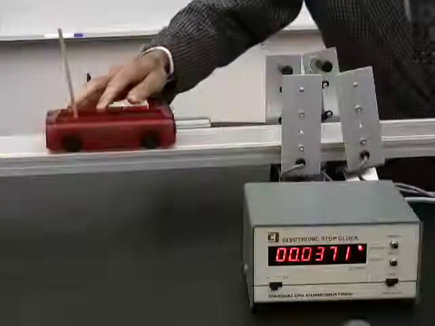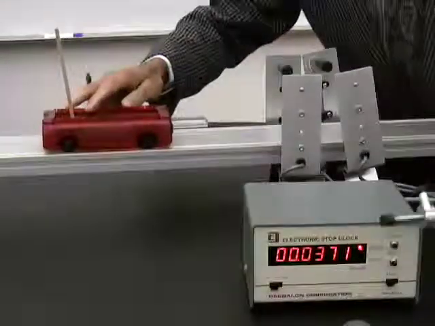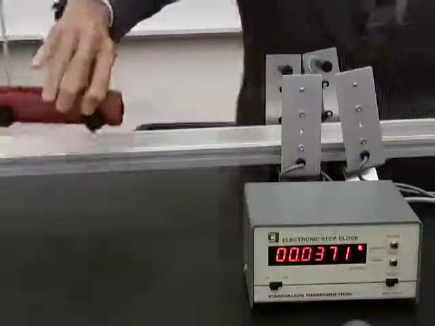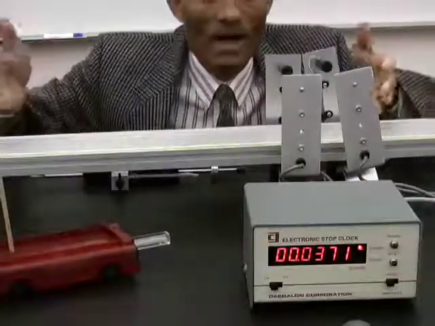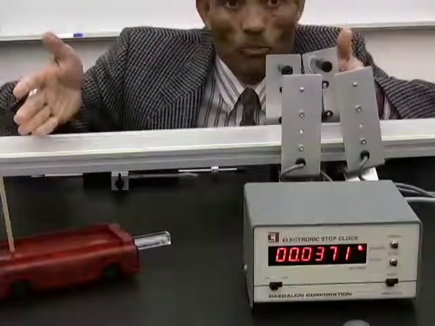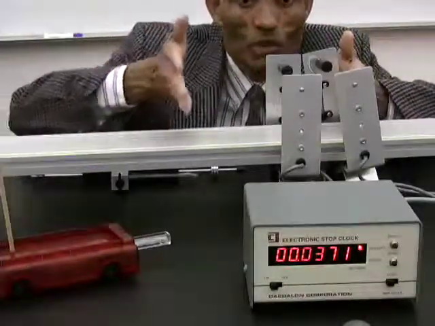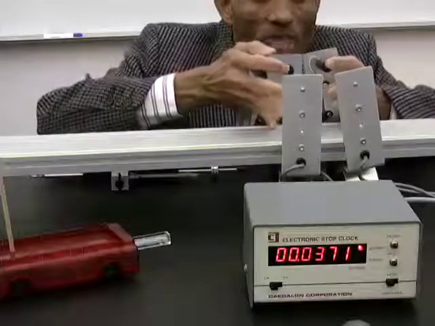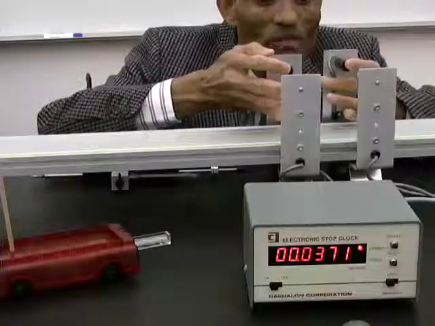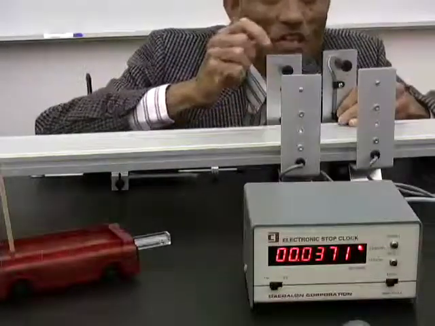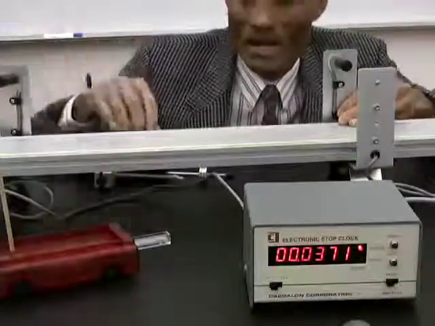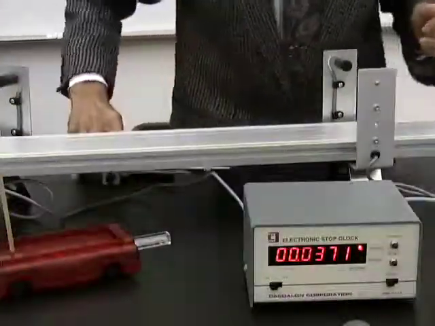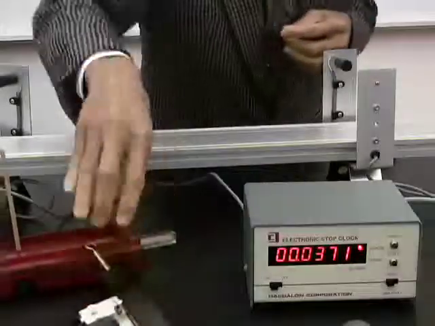What is the time interval now? 0.0371. Now, do you understand what I'm trying to achieve here? I will bring the point B closer and closer to point A so that the time interval delta t is very close to 0.